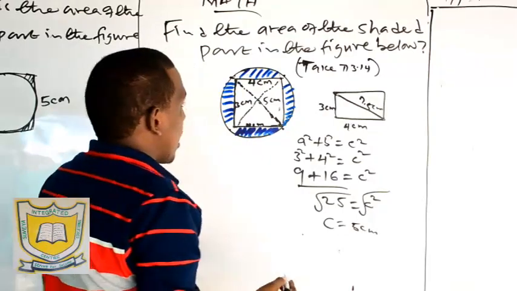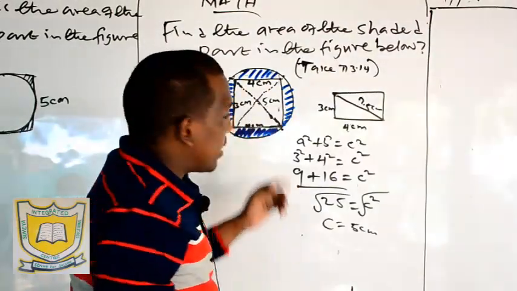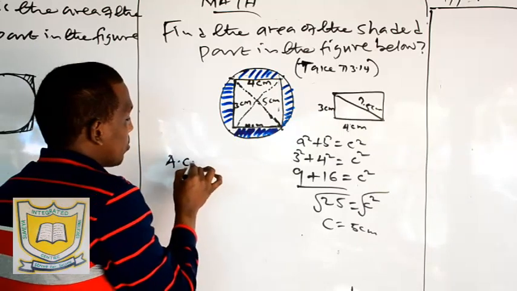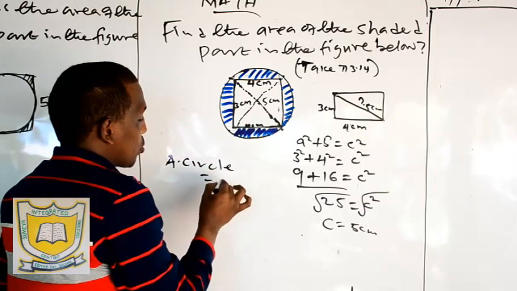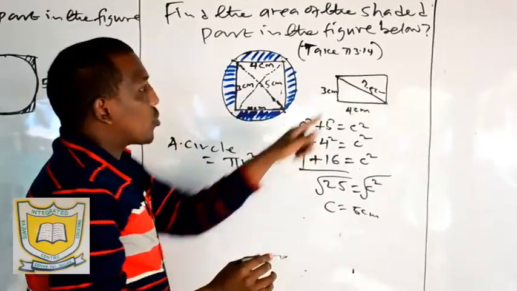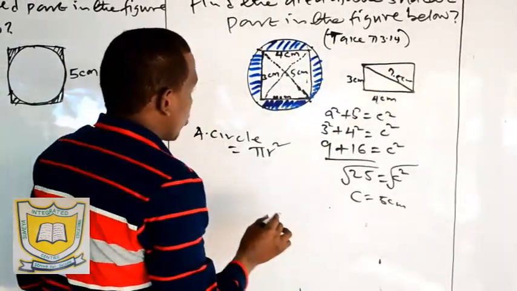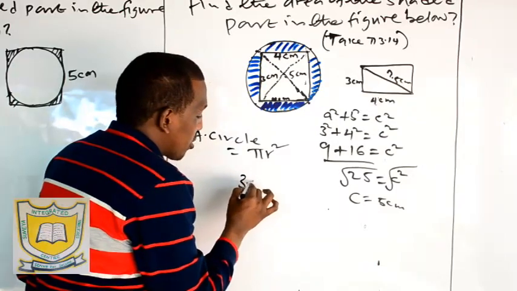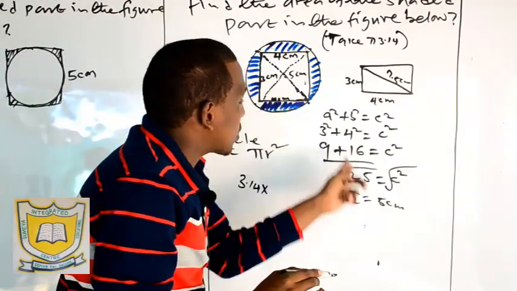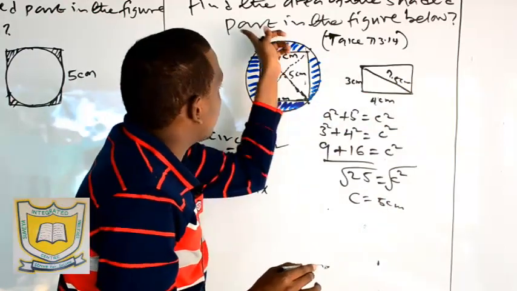So what we do now, we get the area of the circle. Area of circle is equal to πr squared. We did that one. You are told to take π as 3.14. So you say 3.14 multiplied by, the diameter is 5, that's the diagonal.